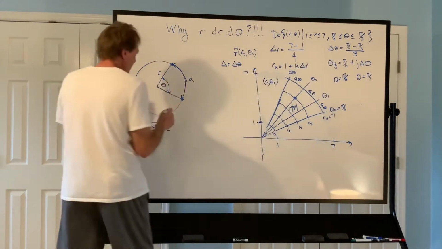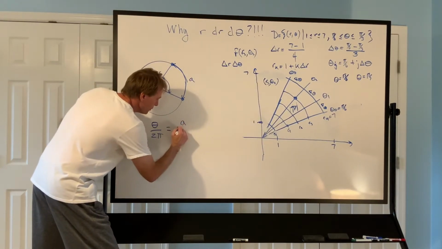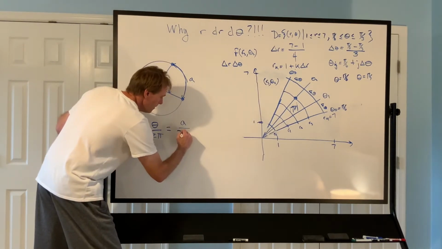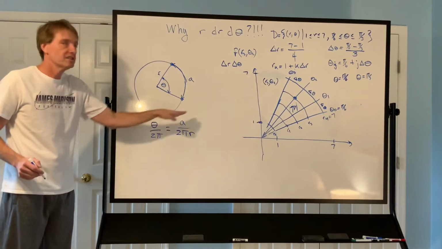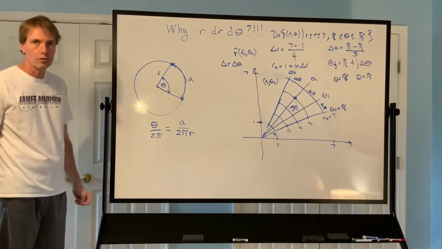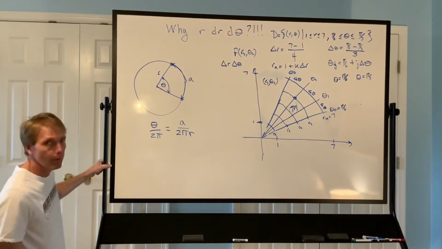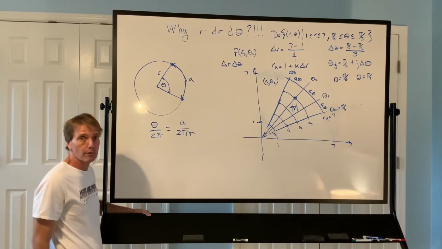Okay, so yes, if I think about this, it would be proportional to the arc's length divided by the distance all the way around, the circumference of the circle. And with that, we're able to get a simple algebraic expression to solve for the length of the arc.